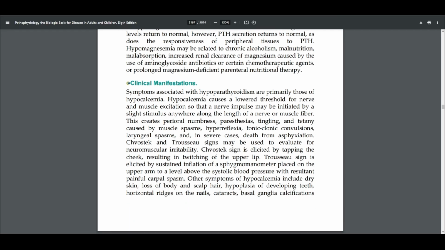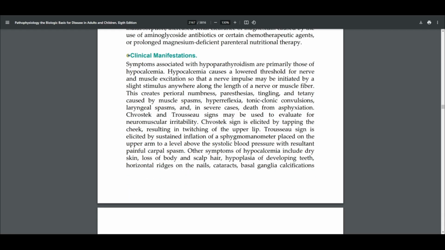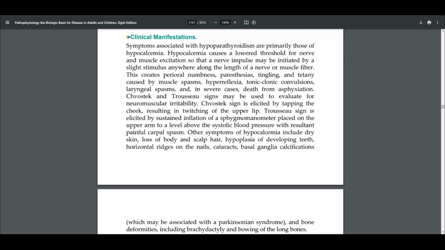So, our clinical manifestations. Symptoms associated with hypoparathyroidism are primarily those of hypocalcemia. Hypocalcemia causes a lowered threshold for nerve and muscle excitation, so that a nerve impulse may be initiated by a slight stimulus anywhere along the length of the nerve or muscle fiber.